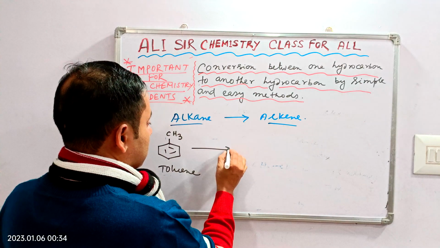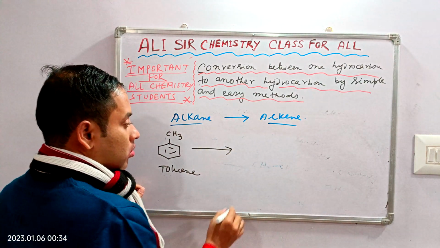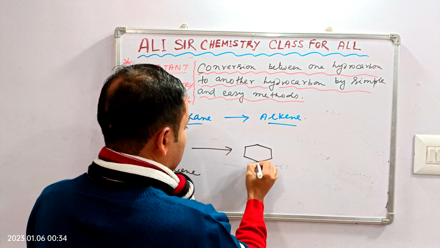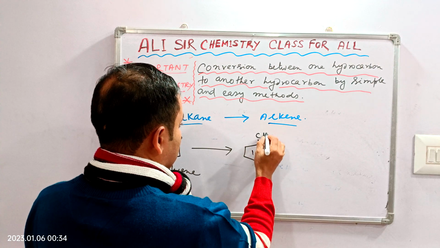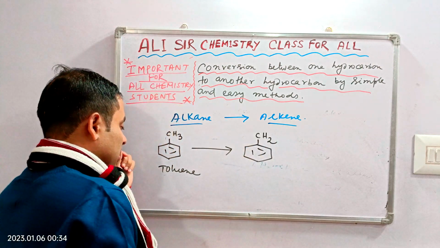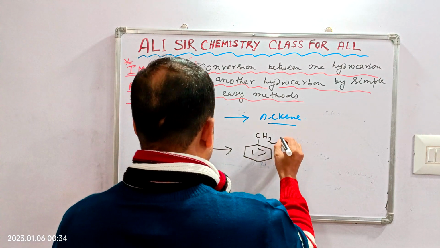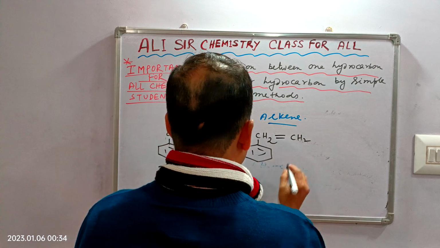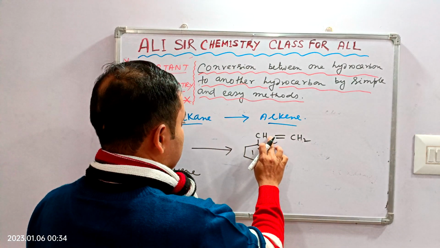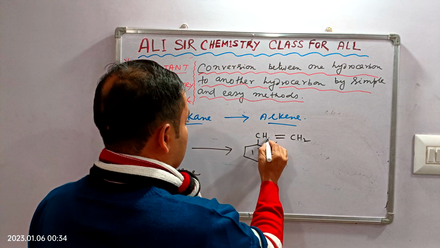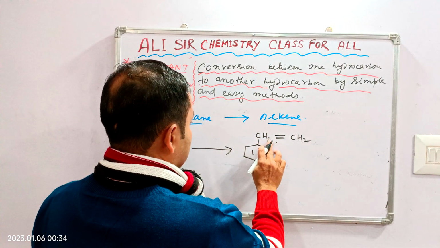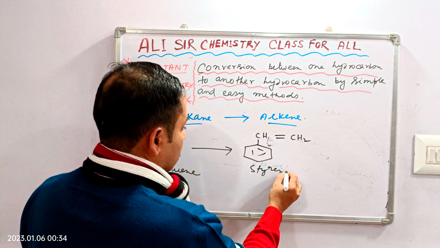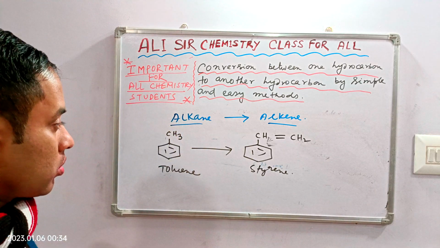Toluene to, say, CH=CH2. This is called styrene, one of the most important compounds.